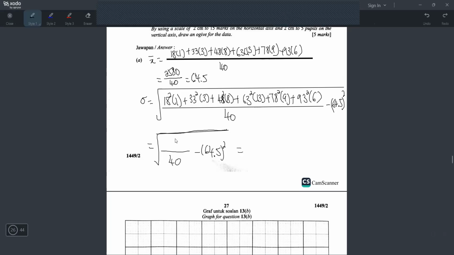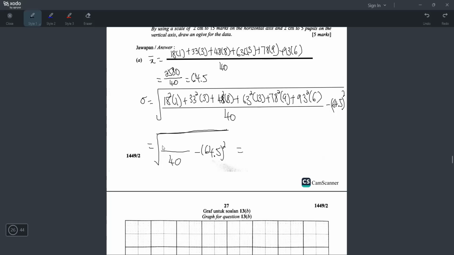Now I will press this one first, everything from here to here, in my calculator. Let's press 18 squared plus 33 squared times 3 plus 48 squared times 8 plus 63 squared times 13 plus 78 squared times 9 plus 93 squared times 6. My calculator gives me 180270, a very big number.